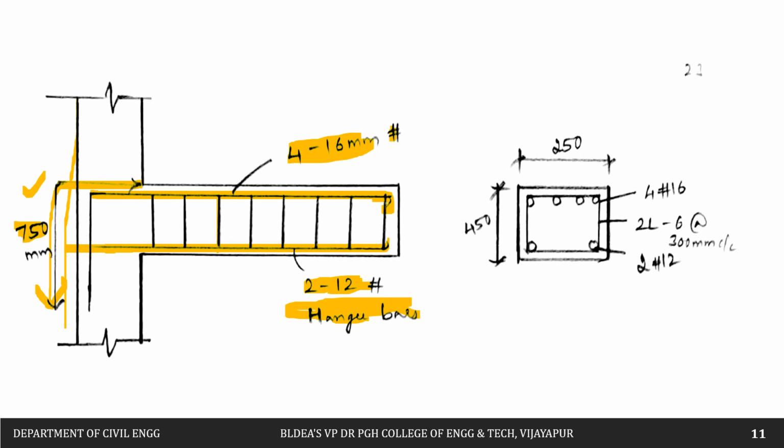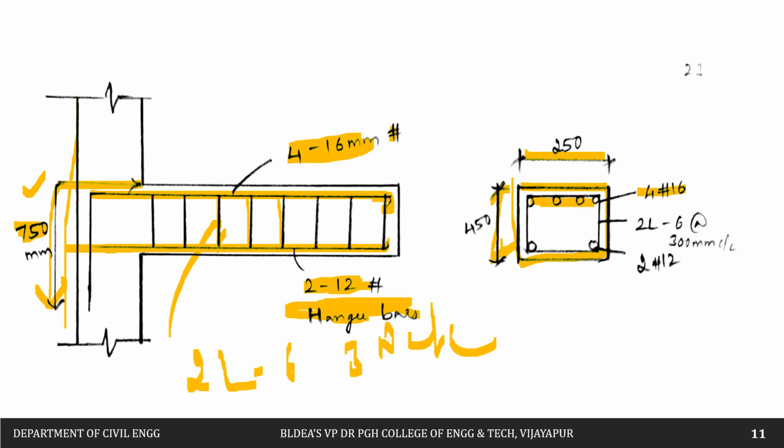Then next, we have to calculate the stirrups also, that is two legged 6 mm diameter at about 300 mm center to center. If you see the cross section, breadth will be 250 mm, depth will be 450 mm, 4 bars at top, that is 4 bars of 16 mm diameter, and at bottom we have 2 bars of 12 mm diameter, and the stirrups will be two legged 6 mm at 300 mm center to center.